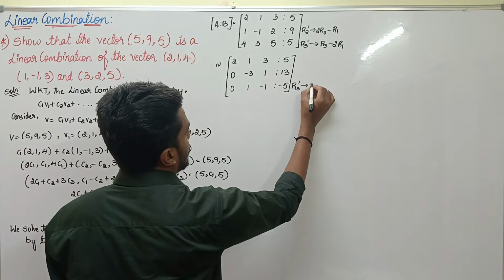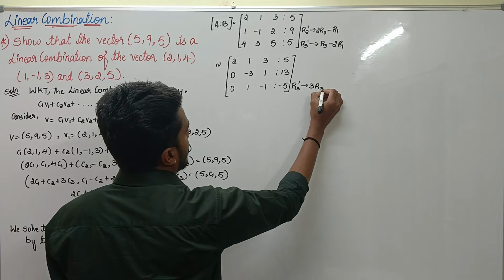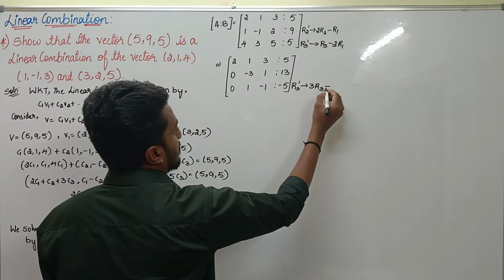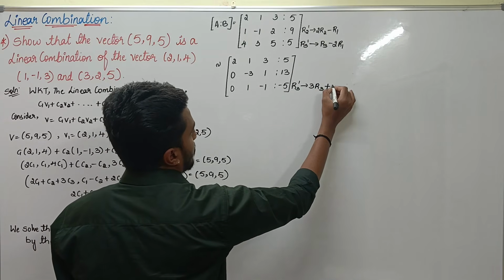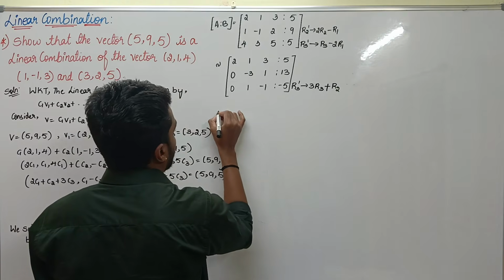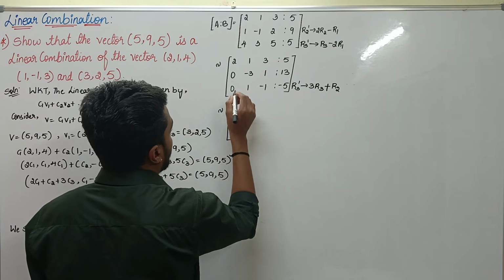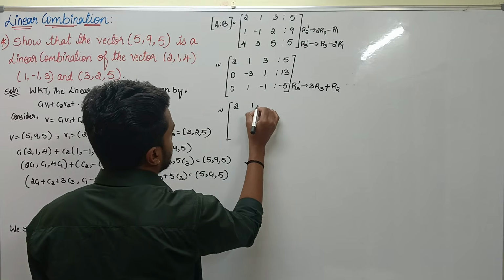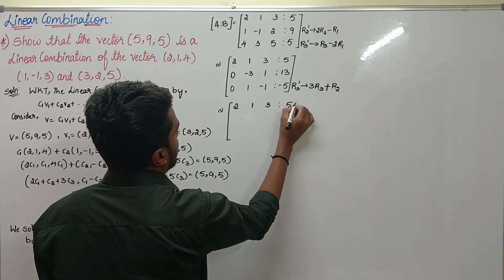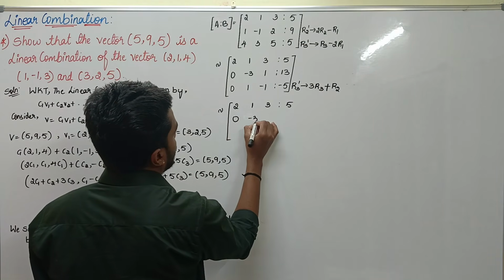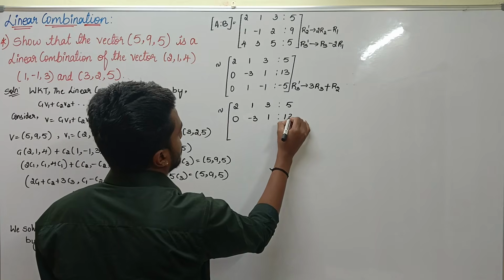R3 dash changes to 3 times R3. Since we have minus, I am going to put plus R2, and the first and second rows remain constant: 5, 0, minus 3, 1, 13.